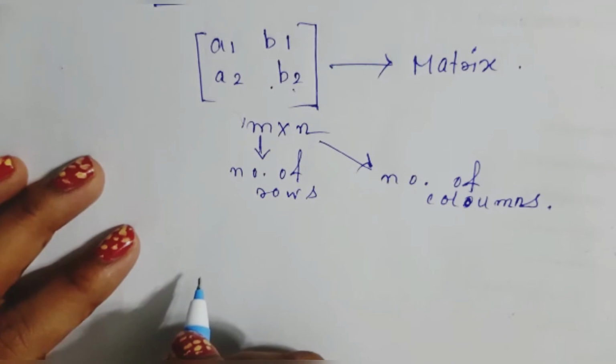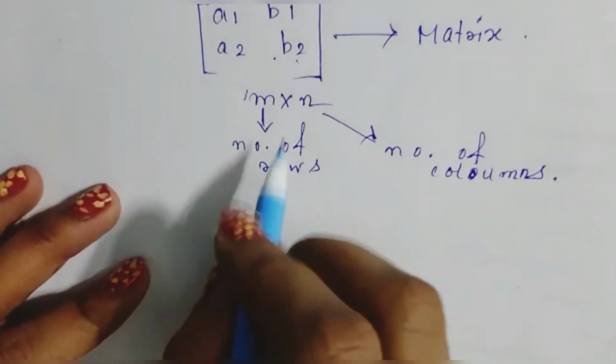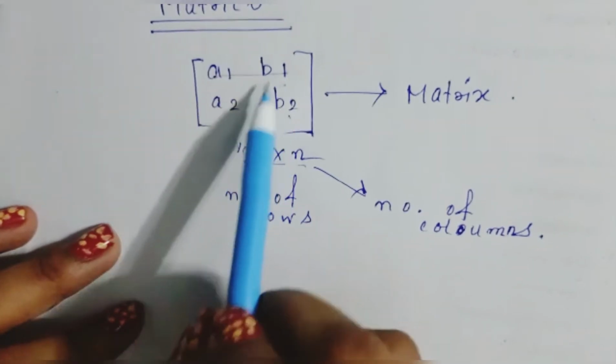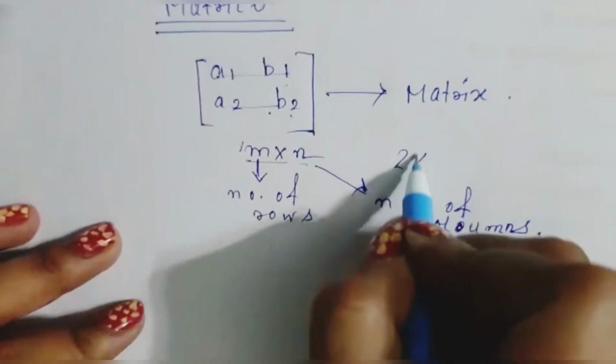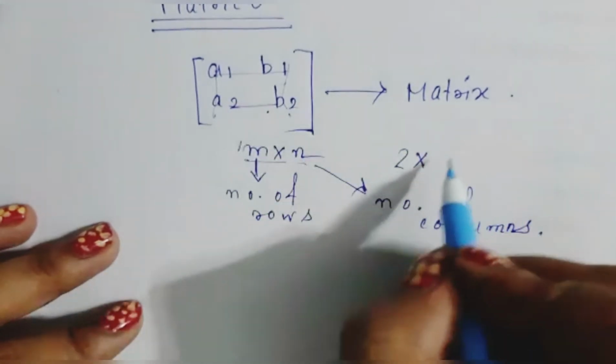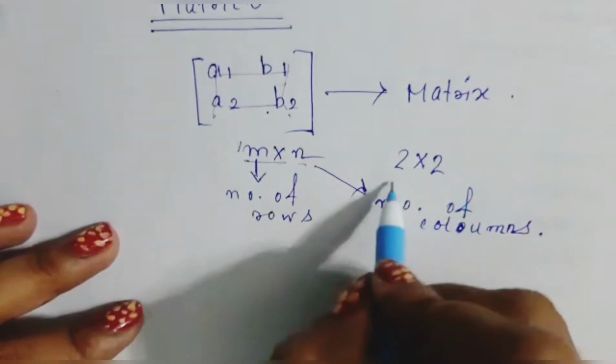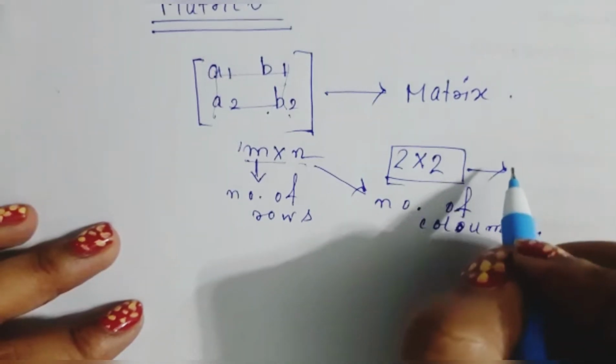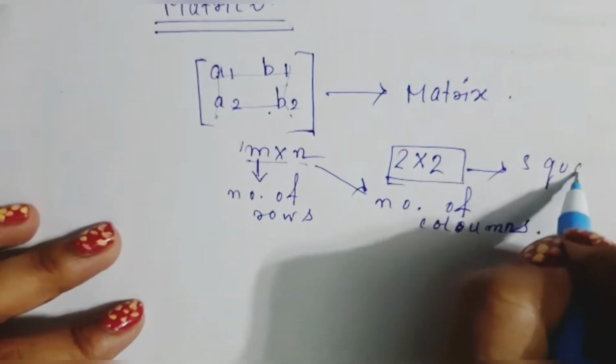Now, if I say it this way, how many rows are there? There are 2 rows, 1, 2. So this is going to be 2 cross 2 columns. This is your square matrix.